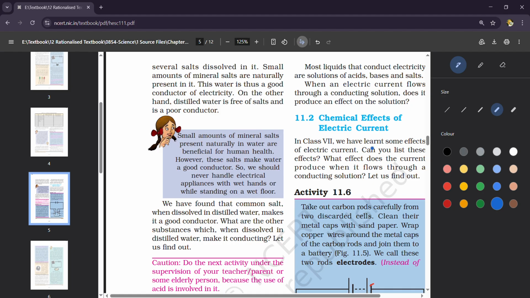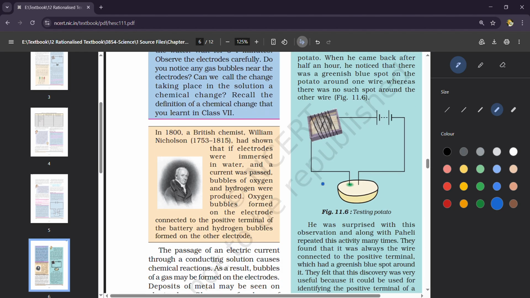Now let's come to another activity here. In the chemical effect of electric current, the color may also change.